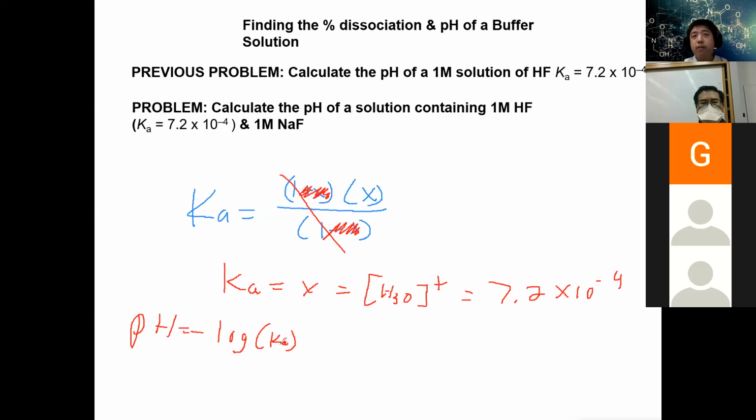Now, if I'm looking for the negative log of my Ka, what's another way of writing that? If I look for the negative log of H, I get pH. If I look for the negative log of Ka, I get what?